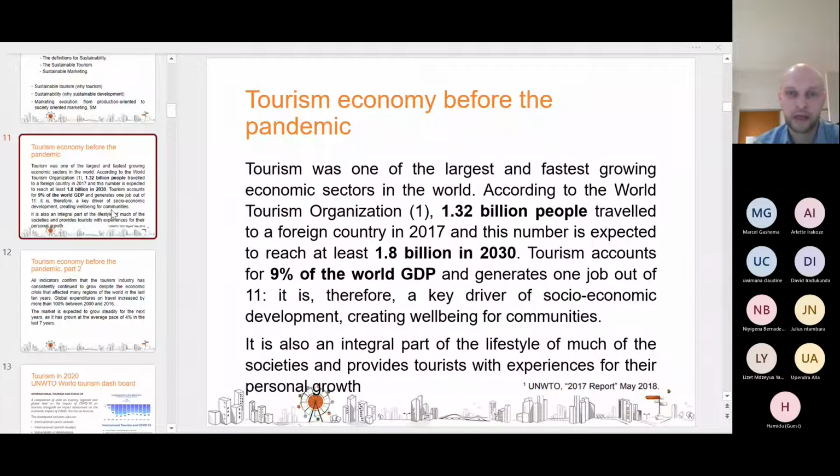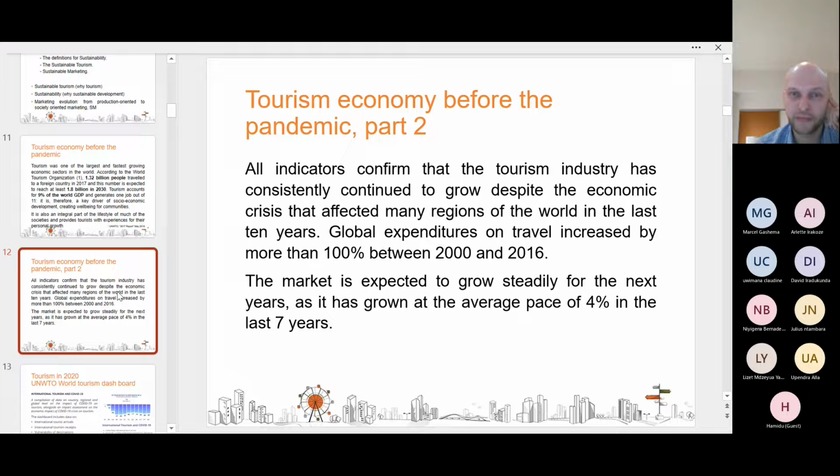Welcome. So let's keep talking about sustainable tourism and sustainable marketing. So, tourism economy before the pandemic, some key figures are here. What else? All indicators confirm that the tourism industry has consistently continued to grow despite the economic crisis that affected many regions of the world in the last 10 years.